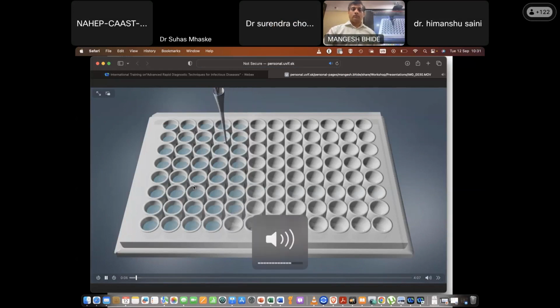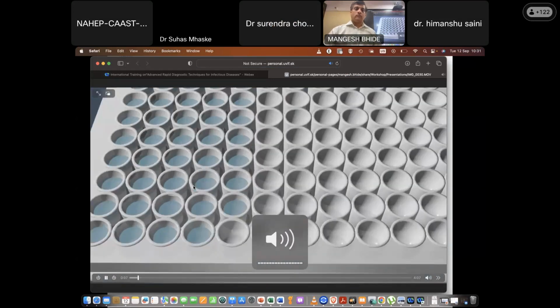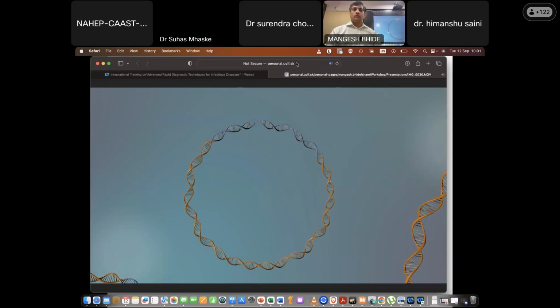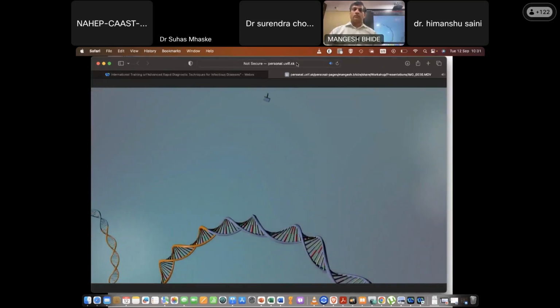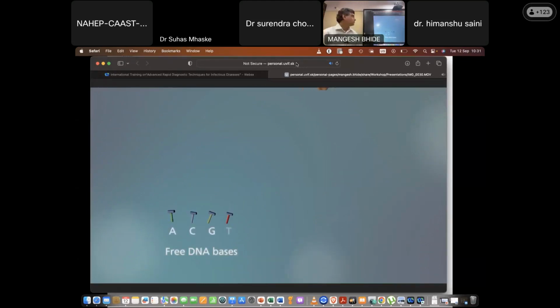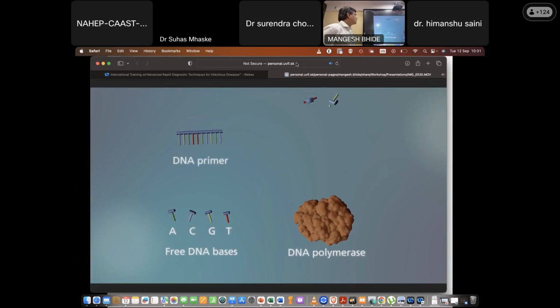A sequencing reaction will take place. A mixture of ingredients is added. These include free DNA bases A, C, G, T, DNA polymerase enzyme, and DNA primers. Modified DNA bases labeled with colored fluorescent tags are also added.